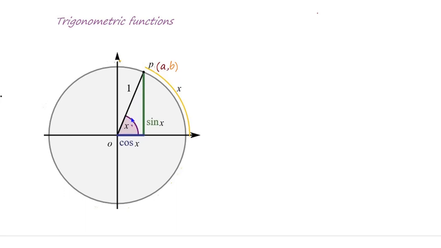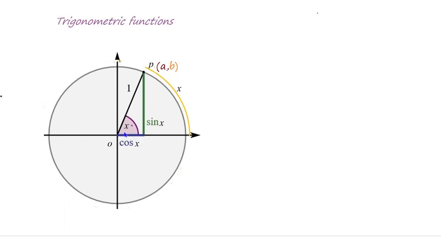Now take the point Q on the circle such that the angle made by OQ with the positive direction of x-axis is minus x. Definitely Q will come to the fourth quadrant.